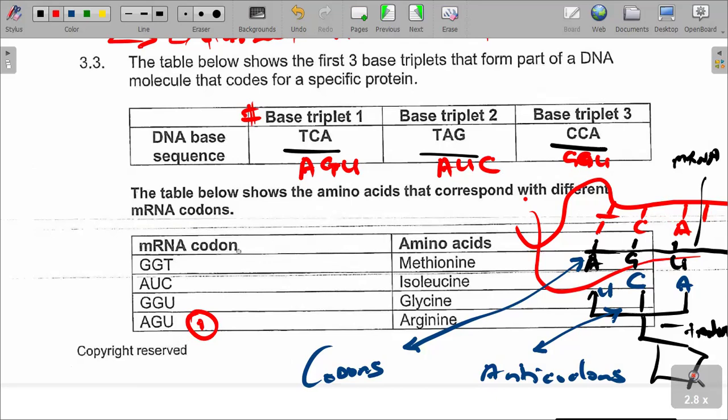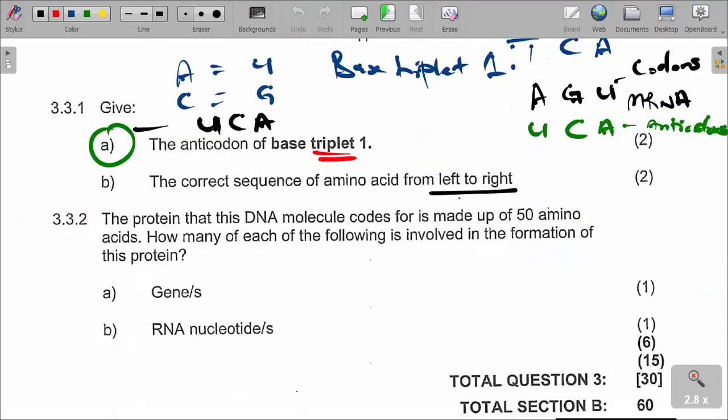And then AUC is number 2, and GGU is number 3. So we are just mentioning them in their order as they are here, 1, 2, 3, which are arginine, isoleucine, and glycine. That is what we need to give here.